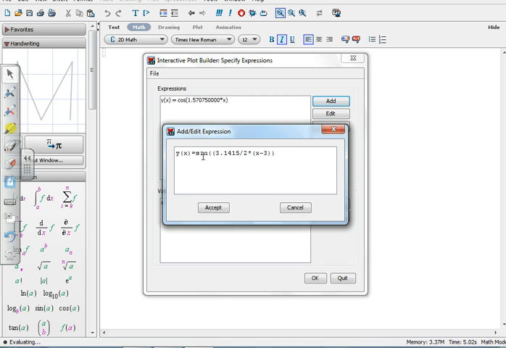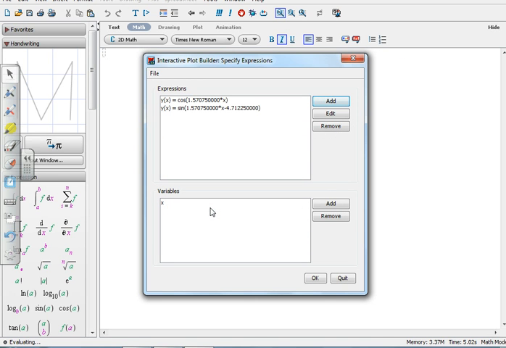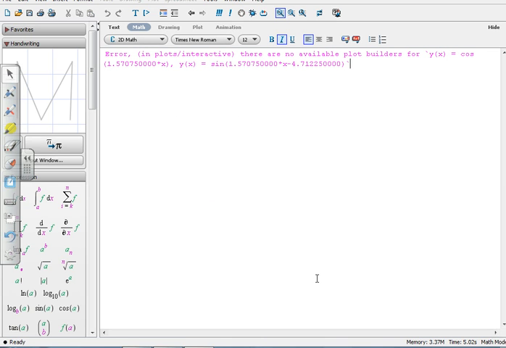One too many sets of parentheses, that's the problem. Error. There are no suitable overloads for cosine, blah blah blah. Thank you very much, Maple.